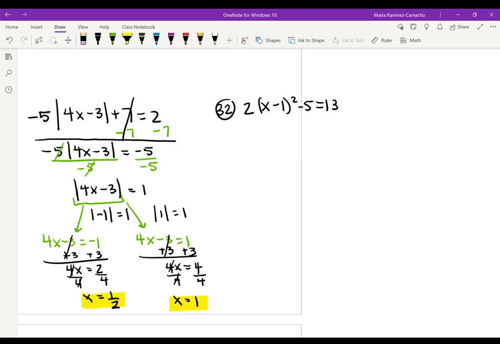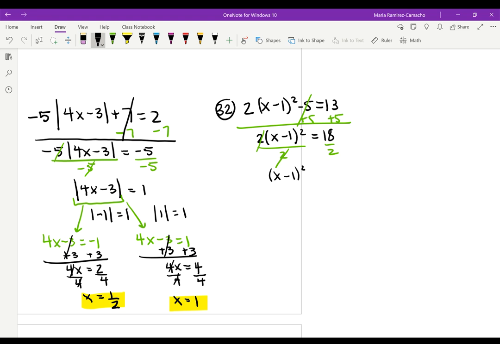The way that I'm going to do it is to, kind of like in 31, peel back some of the outer layers to get x by itself. So I'm going to start off by adding 5 to both sides. Okay, and then I'm going to divide both sides by 2 to get rid of that 2. 2 divided by 2 cancels out.